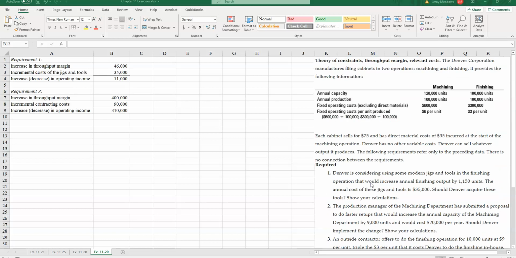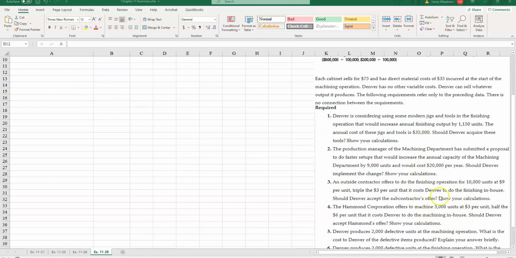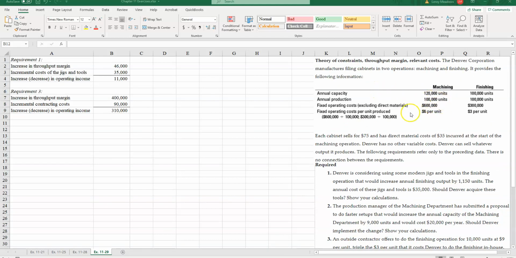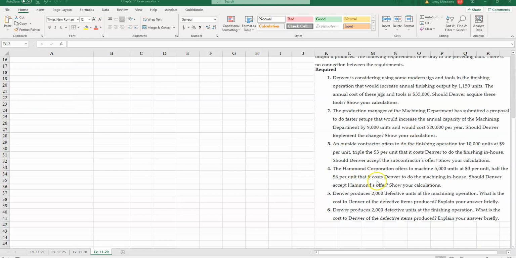Well, it depends. We're not told that we're going to avoid these fixed operating costs per unit if we outsource this to make 5,000 units at $3 per unit. So if fixed operating costs in total are not going to be avoided at all, then all we're doing in this situation is adding to costs.